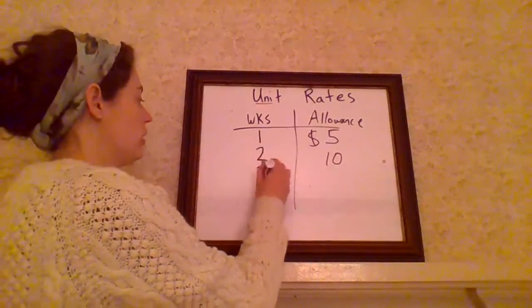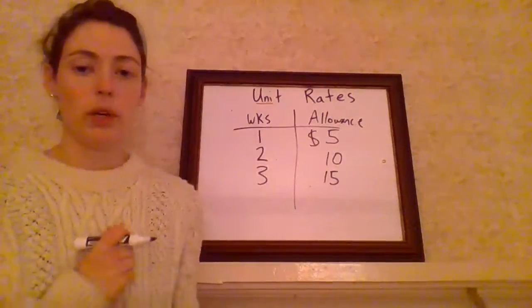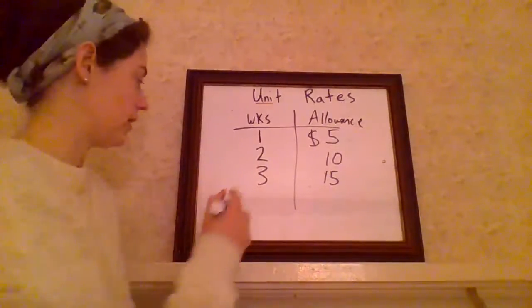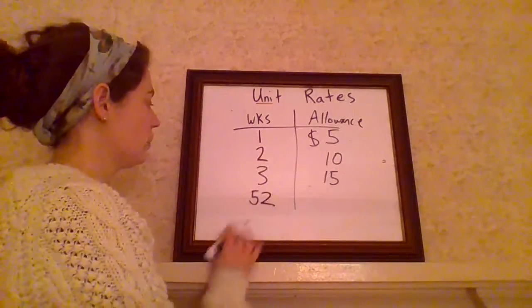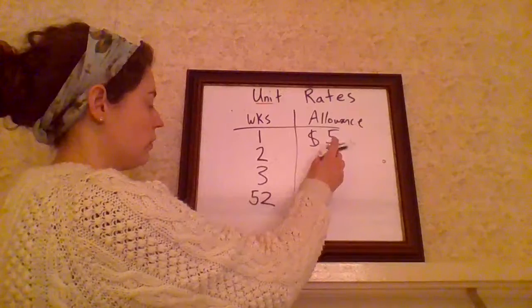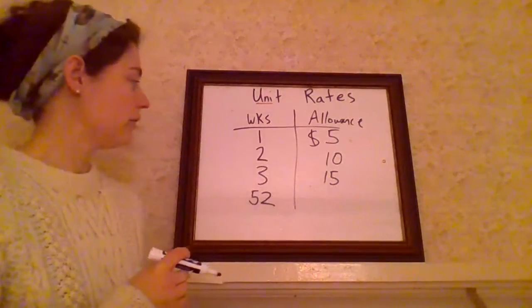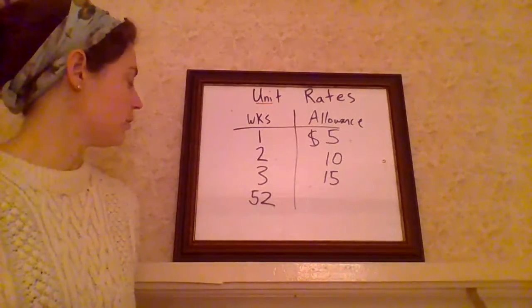So we know 3 weeks will be $15. That's easy. But what if we wanted to find out how much this child got in a whole year? So that's 52 weeks. Do we have to skip count all the way down 52 times? We could, but we don't necessarily have to do that.